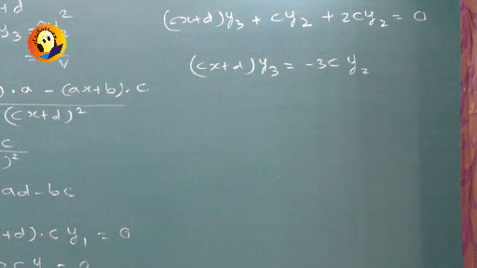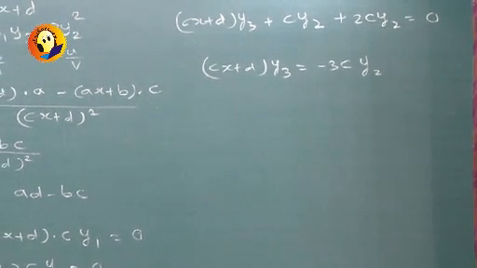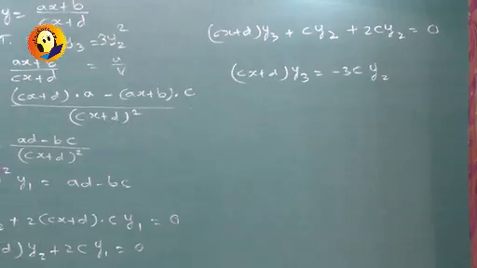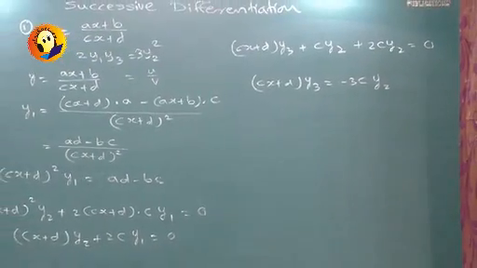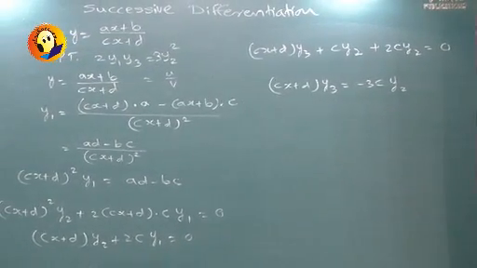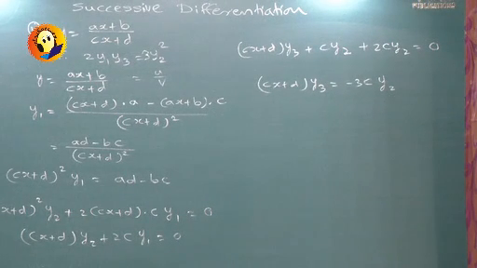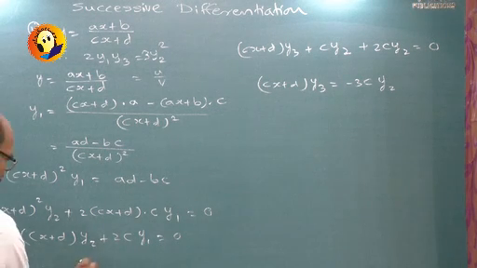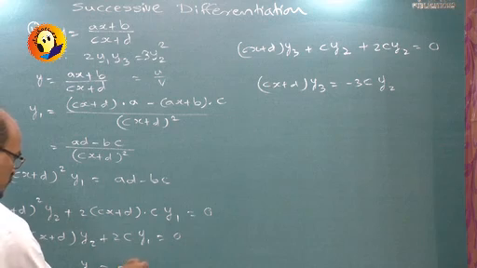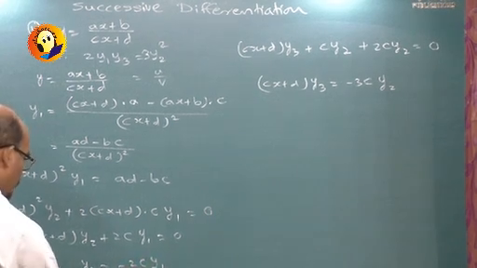But it doesn't actually simplify our task. What we need to do could be substituting y2: y2 equal to minus 2c y1 upon (cx plus d).